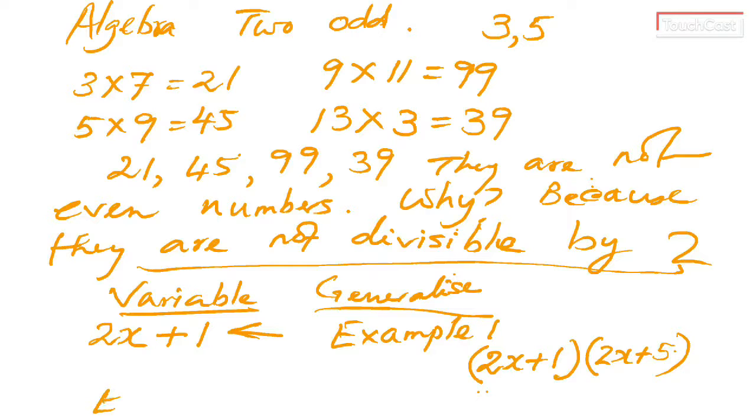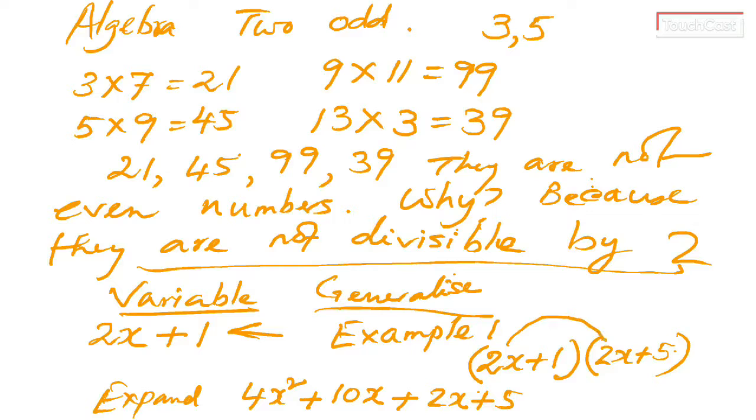Now if we expand it, that will give me 4x squared plus 10x plus 2x plus 5. So what I did, I multiplied these two first, then I multiplied these two terms, and then I'm going to multiply these two, and finally 1 times 5, that gives you 5.